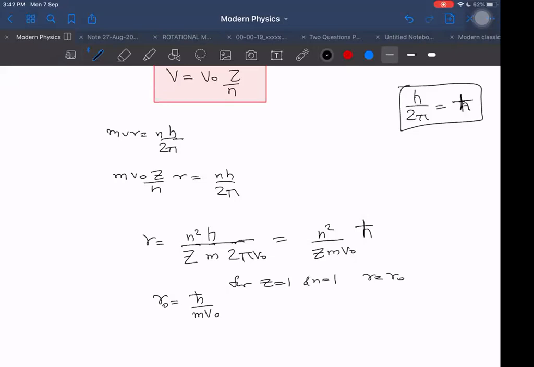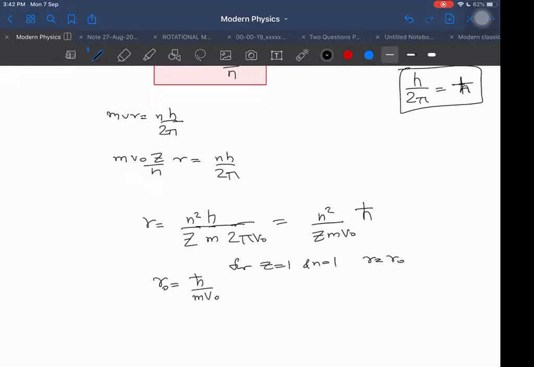And what does it come out to be equal to? Not surprisingly, we know this result already. We were expecting this result, right? 0.529, into n. Then we can write r as r naught into n square by z.